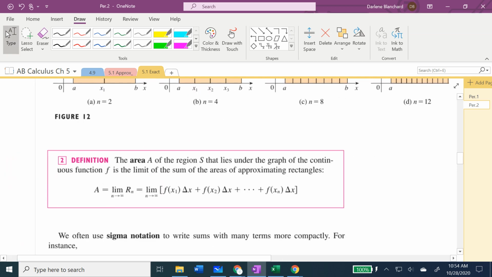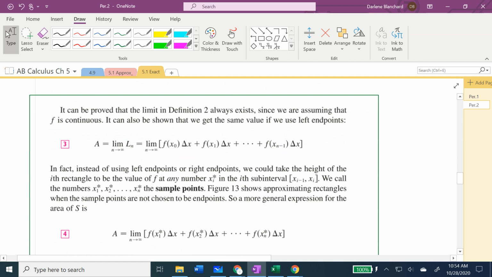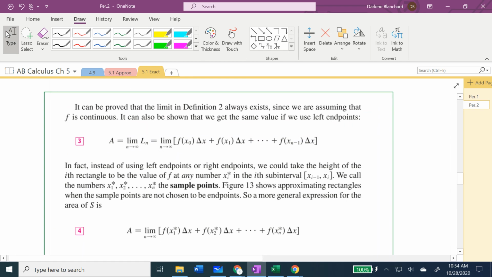This is, by the way, definition 2 that they refer to, and it's what I showed you. Now, do understand we are allowed to use the right endpoint, but we could use the left endpoint just as well.